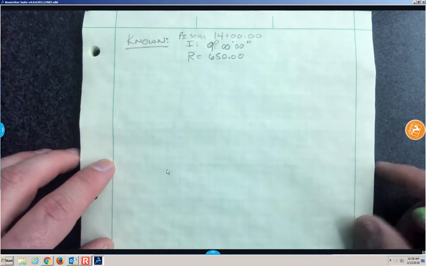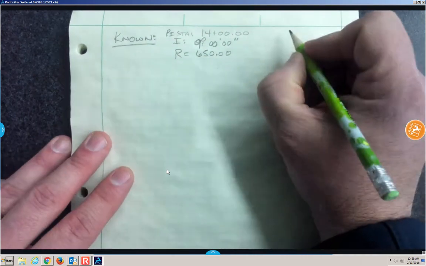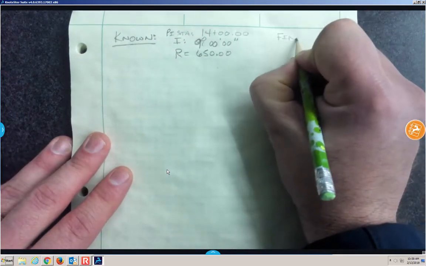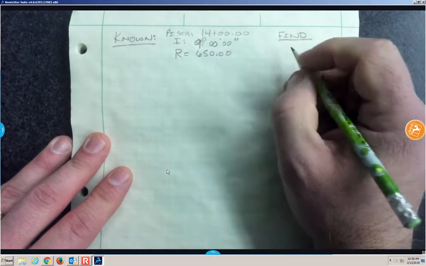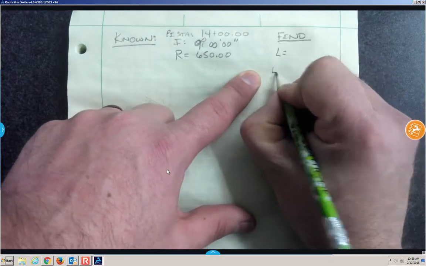All right, so let's write down what we need to find. I want to find L, the length of curve.